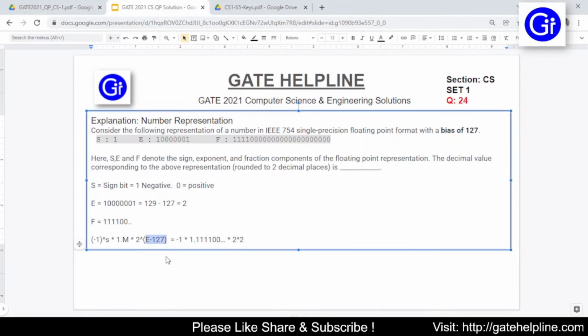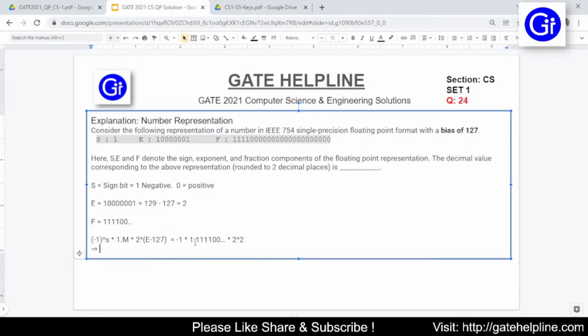So now this will result in minus 1.1111 then a couple of zeros, multiplied by 2 raised to power 2.